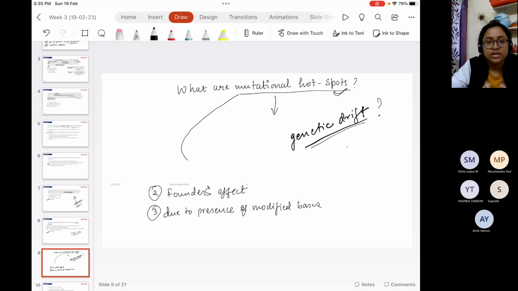Now the genetic material that these few people contain, because they are populating another area that is geographically completely different, means there is a flow of genes from this population A to another isolated area.